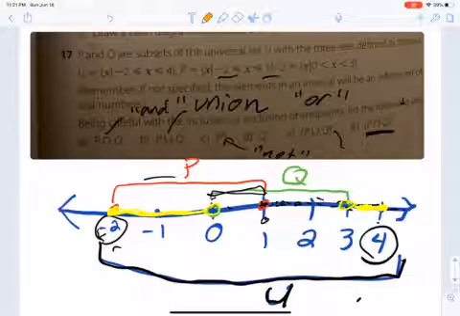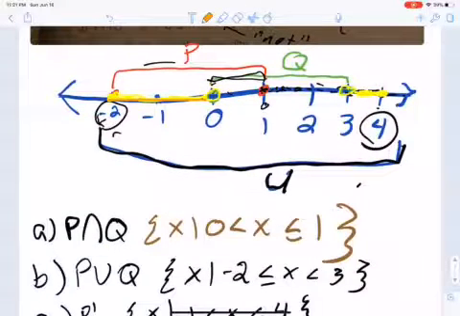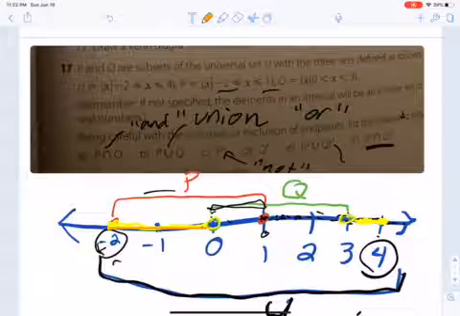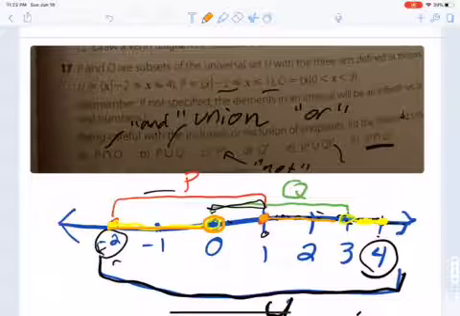So we want from here all the way to here, and we did not include 0, but we do include 1. So we don't want to include this, and then this was from here out to here.